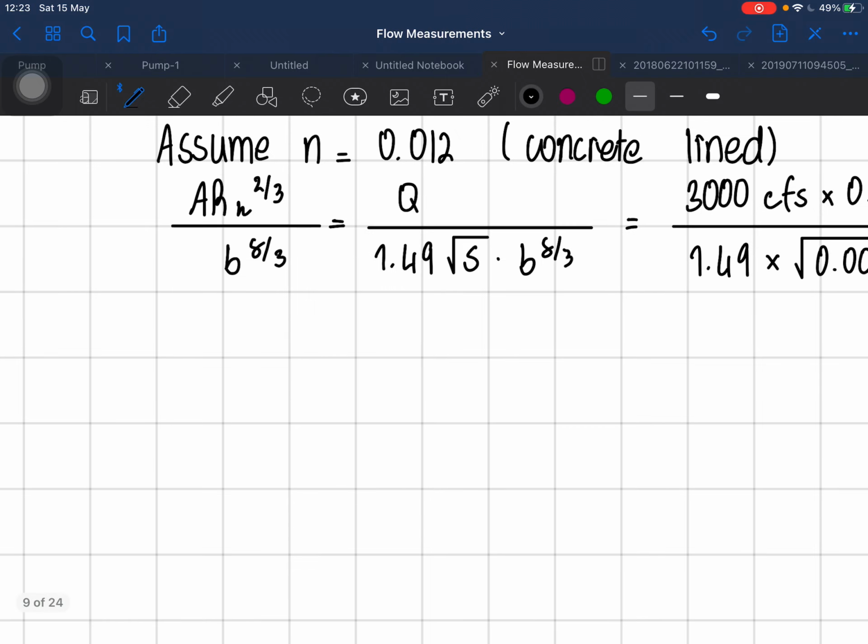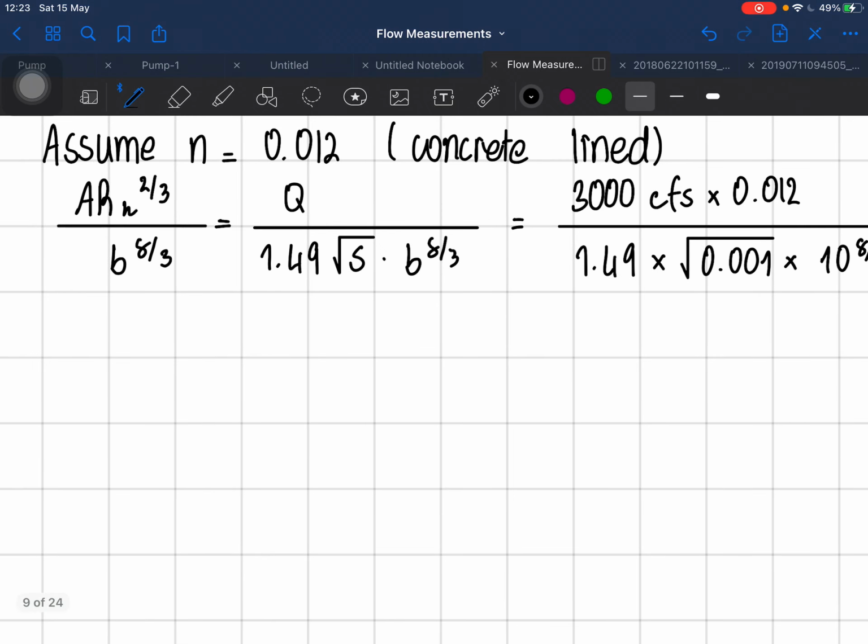Then we can see that y over b equals 0.9. I want to draw this arrow nicely, but I cannot.